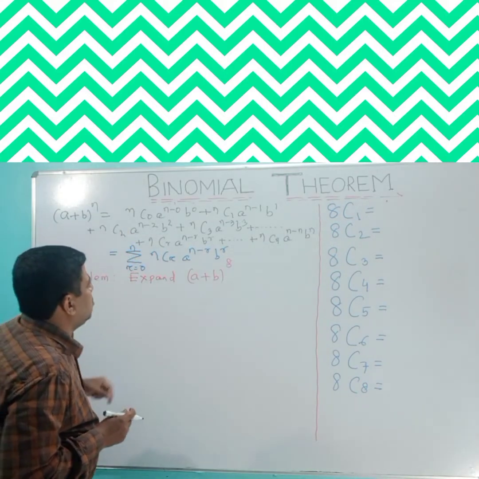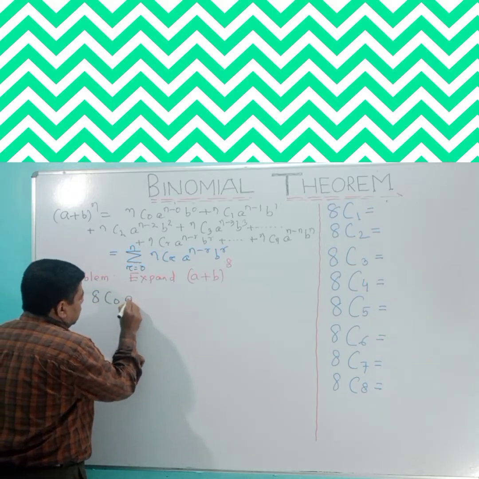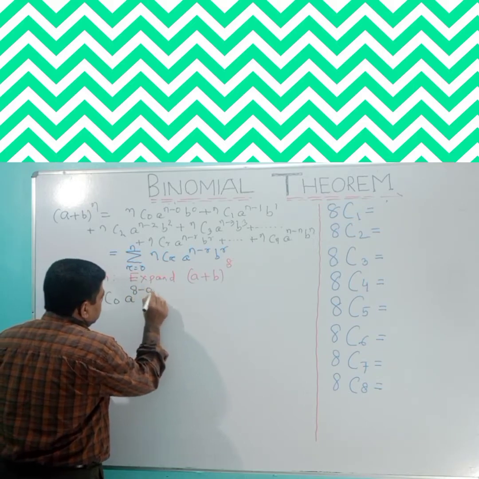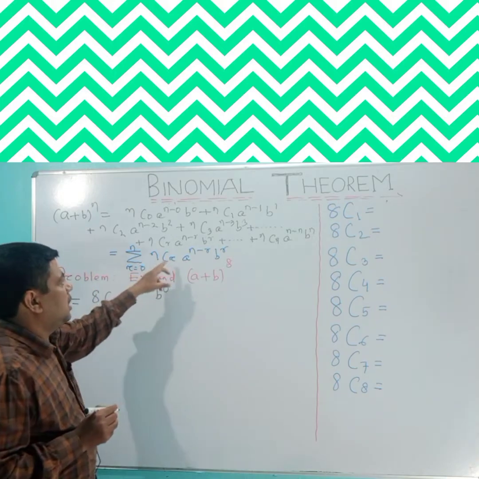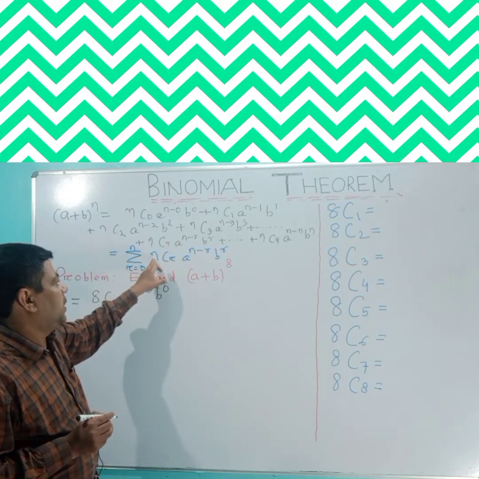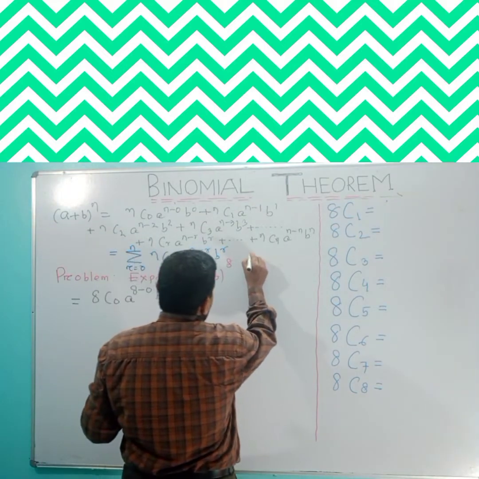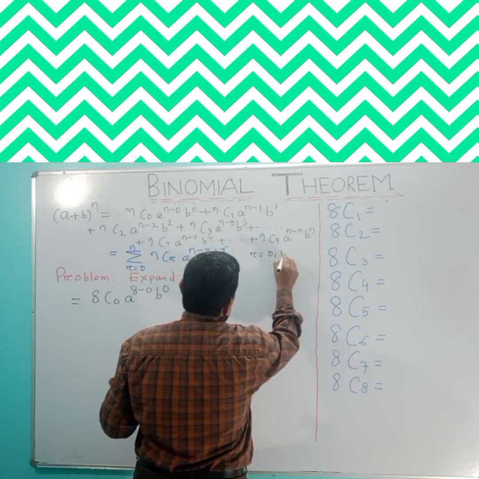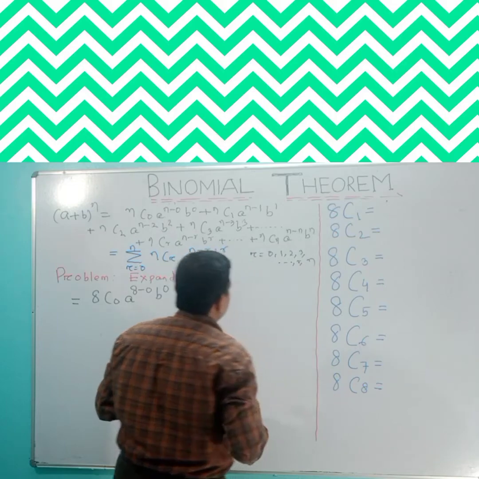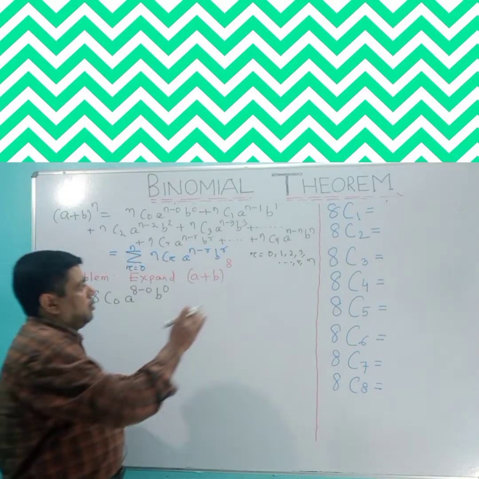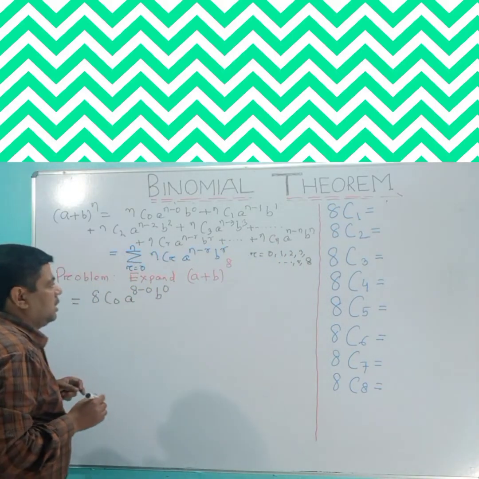First, in place of nC0 you can write 8C0 a to the power 8 minus 0 b to the power 0, plus nCr, in place of n that is 8. Here r starts from 0, 1, 2, 3, up to n. The maximum value is 8, n value is 8. Is it clear?